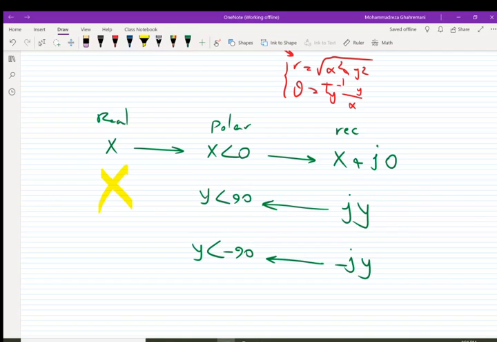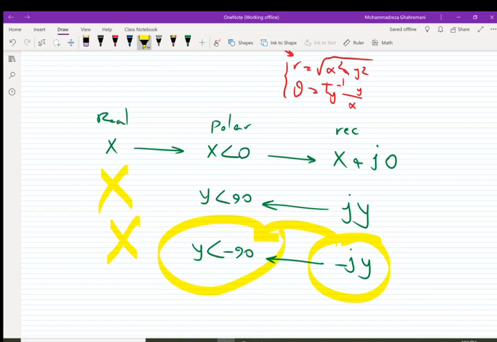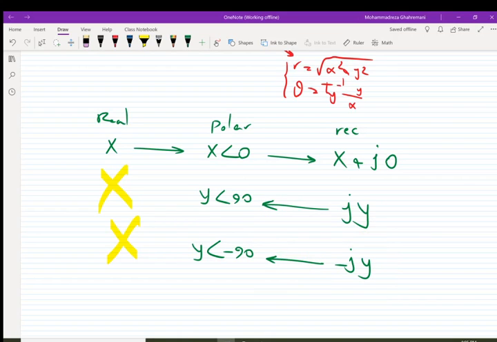And if we have negative j, it's an imaginary number, and in order to convert it to the polar mode, we can say the angle of the number is negative 90. So we can use these shortcuts to quickly convert these values between real, polar, and rectangular forms.